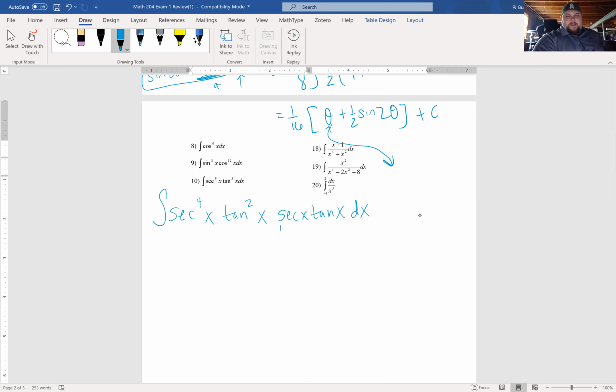So that would mean that this is du, which means u would have had to have been secant. And then we've got secant to the fourth. So that's just going to be u to the fourth.